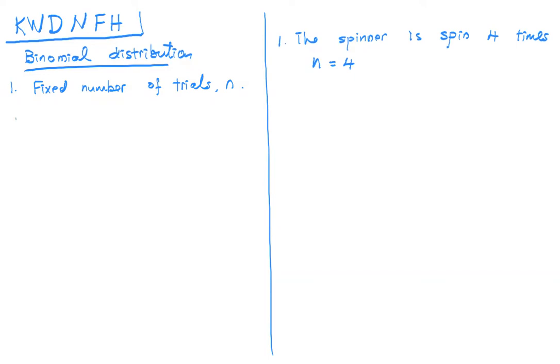Second part, for each trial must have 2 outcomes.